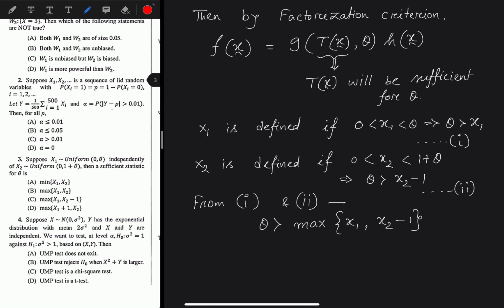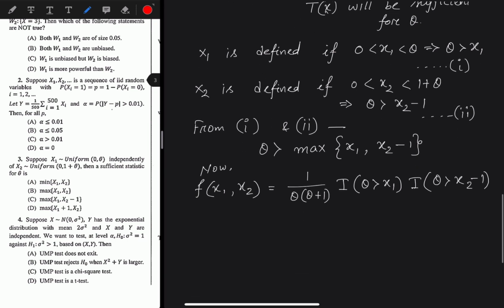Okay, now if we take the joint distribution of x1 and x2, it will be like 1 by theta into theta plus 1, as 1 by theta and 1 by theta plus 1 are the corresponding PDFs. Okay, and 1 by theta is defined if we take this type of indicator variable, and 1 by theta plus 1 is defined if we take this type of indicator variable.